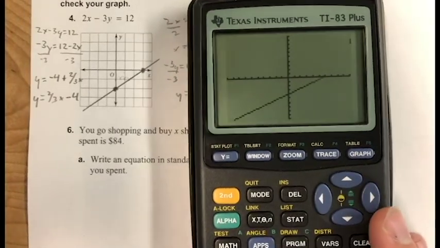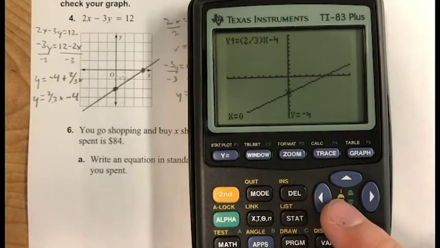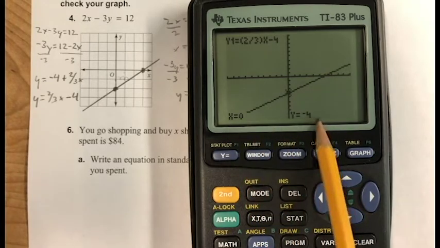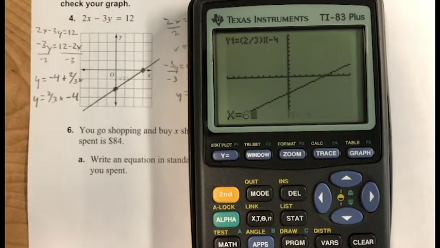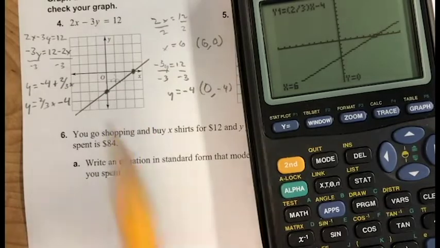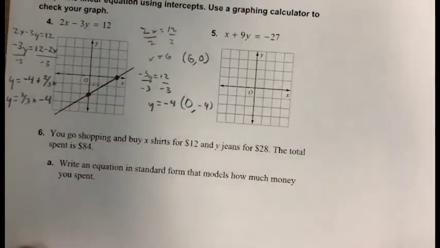And let's look at what it's doing. Very good. So we can actually double check ourselves and hit trace, and we see that our y-intercept is at 0, -4. And if we're right, if we hit 6, it should give us 6, 0 because that's what we said this point was. So we've double checked it. So why don't you try 5 on your own?